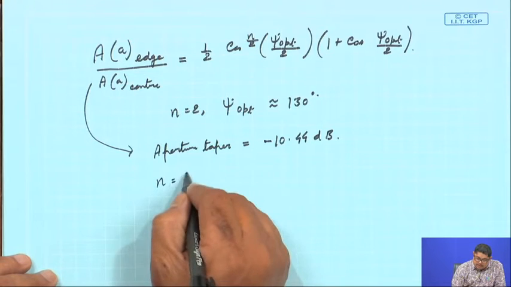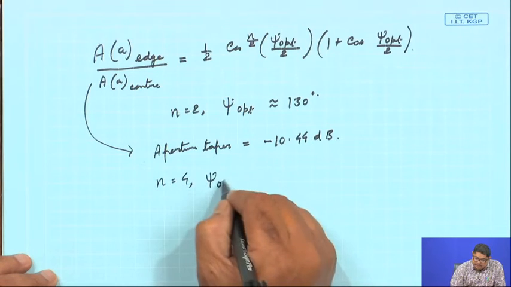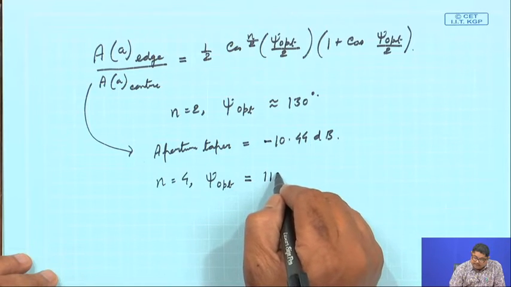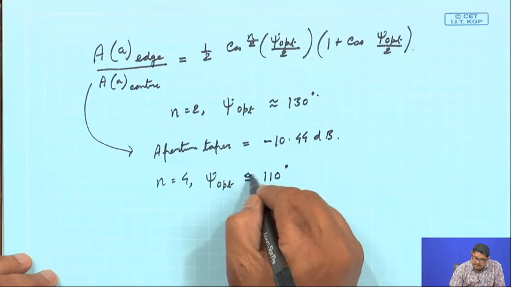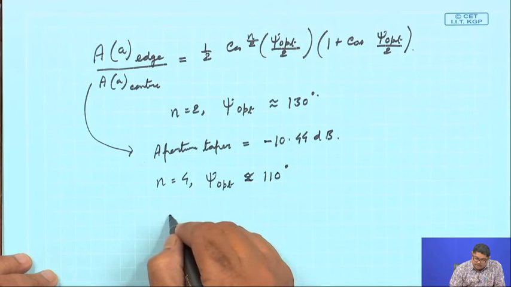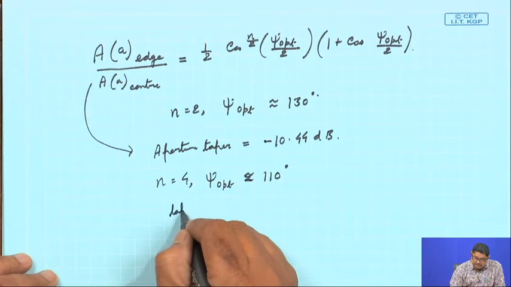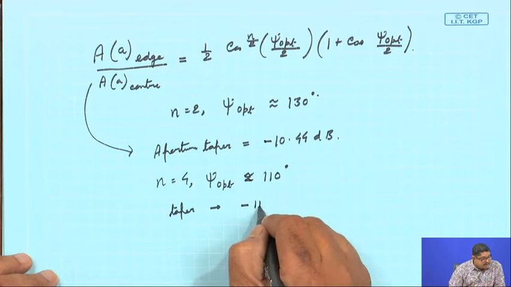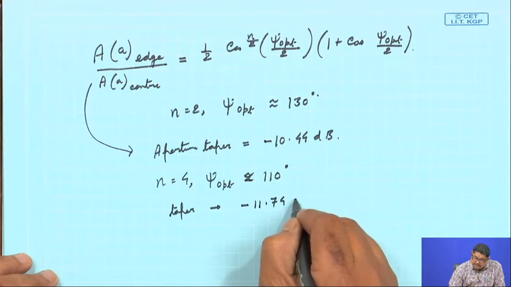For n equal to 4, the optimum angular aperture from that graph is 110 degrees. So, the taper is minus 11.74 dB.